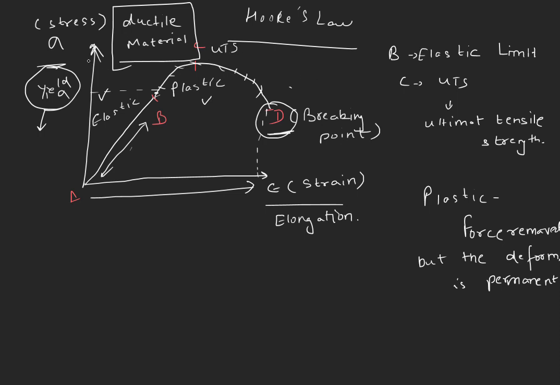So wherever the UTS intersects the y-axis, this is sigma UTS, this point. Let's call this point E. So E is sigma UTS, that is the stress at point UTS.